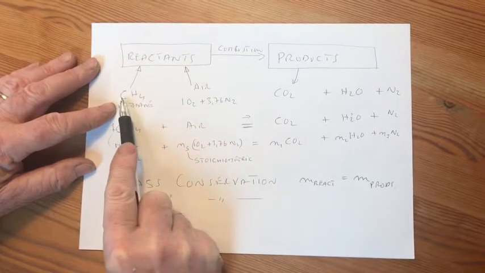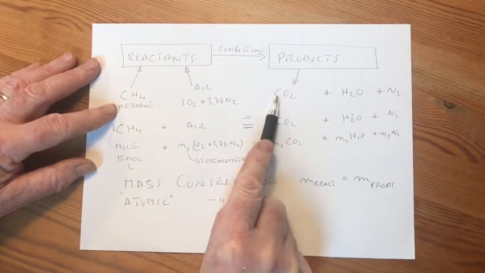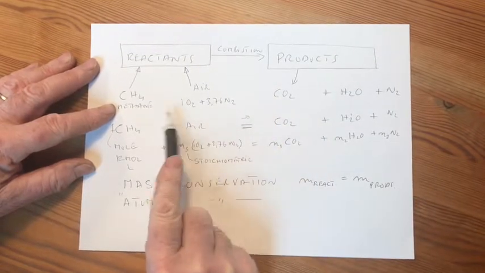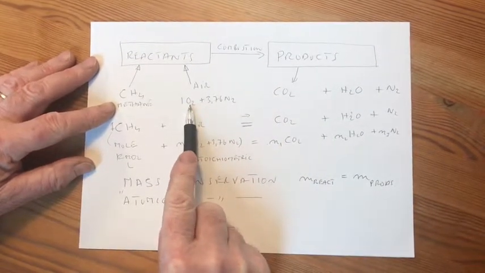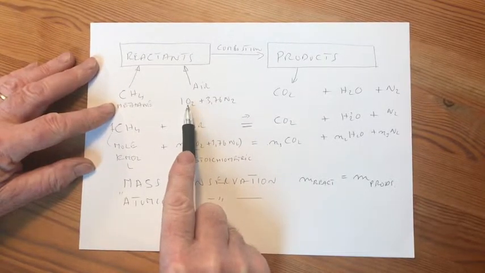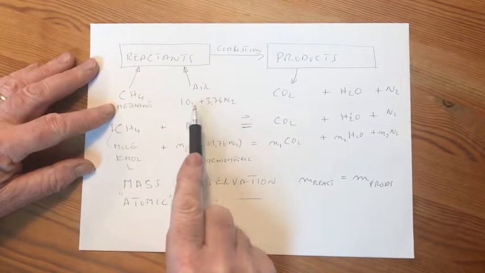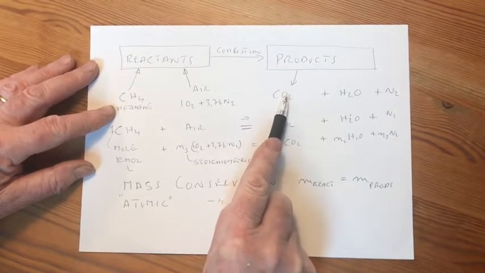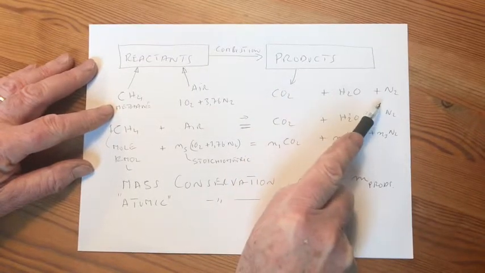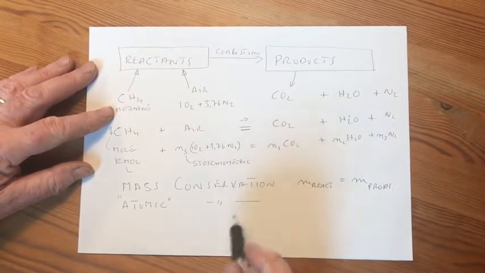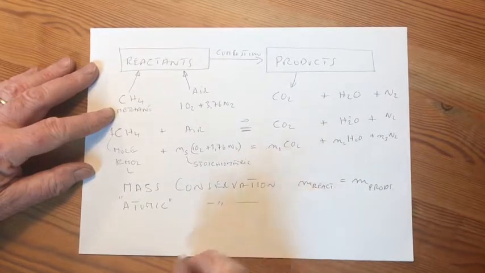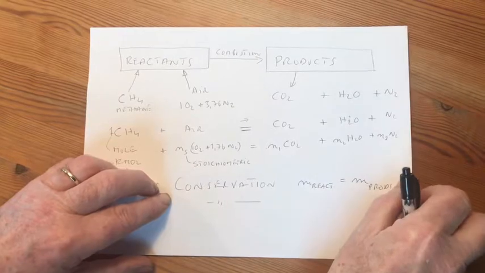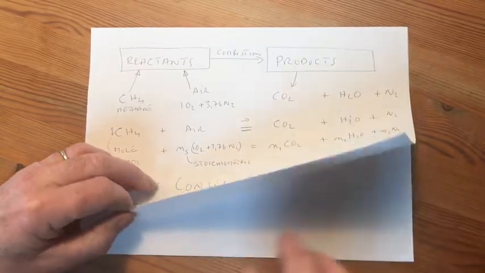And as we can see here, there's one carbon atom here and one carbon atom over here, so it gives us already some information. Similarly, if I have so many kilomoles of oxygen, or so many atoms of oxygen on this side, I should be able to find the same number of atoms of oxygen on the other side. So this is exactly the consequence of what I call atomic conservation. So let's have a look.